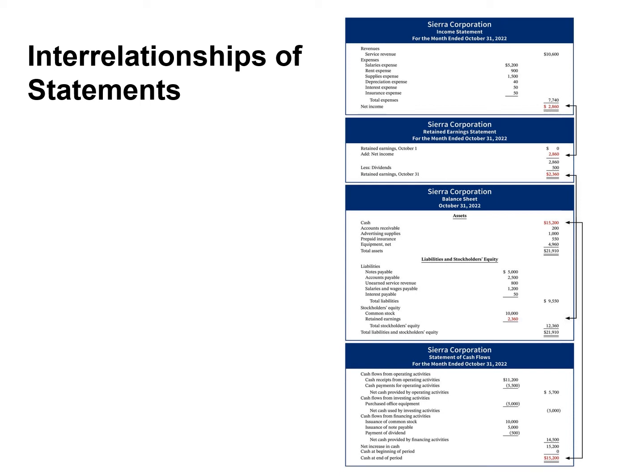The ending balance on the retained earnings statement is the amount reported on the balance sheet as retained earnings. Finally, the statement of cash flows shows how the cash account changed during the period. The ending amount of cash shown on the statement of cash flows must agree with the amount of cash on the balance sheet. To prepare financial statements, you must understand the sequence in which these amounts are determined and how each statement impacts the next.